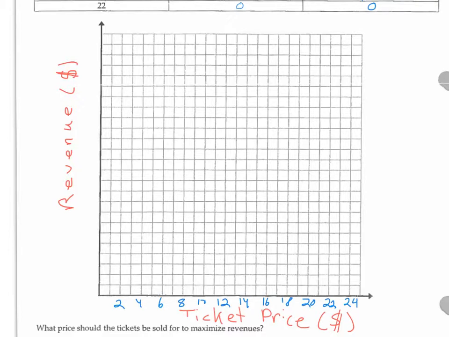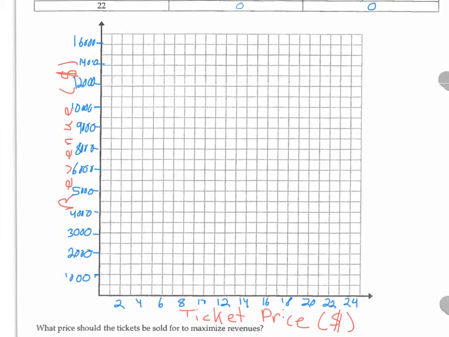And if we go up by $1,000 on the y-axis, on every other line, we'll get in all of our numbers that way too. Okay, that's a little messy, but you can still read it. So now you need to plot your data points just like before.